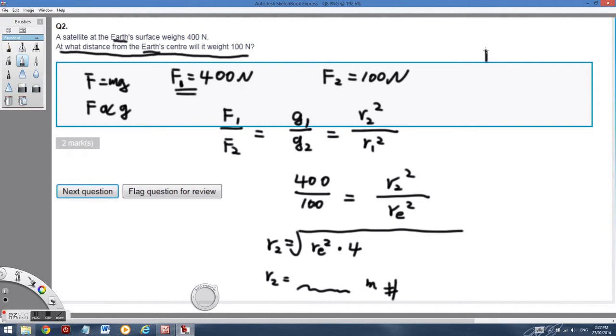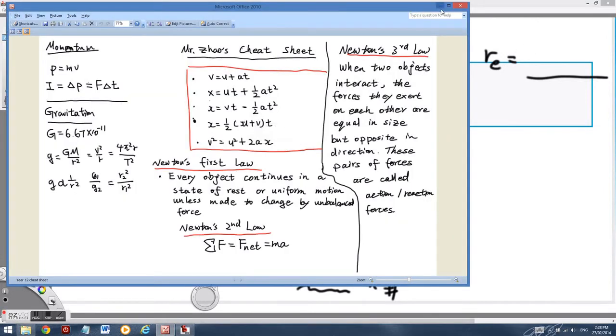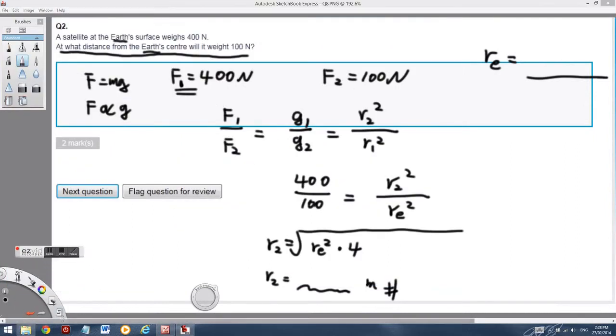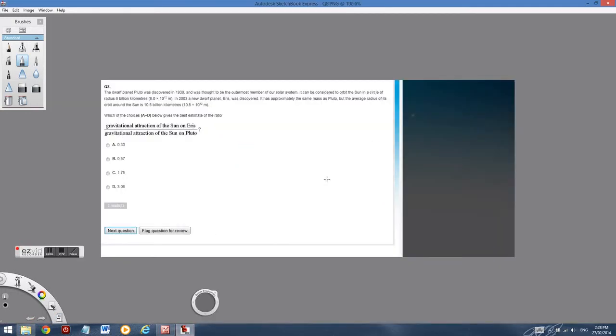The radius of Earth should be in your textbook or distance education notes. I can't remember it now. I should have put it on my cheat sheet, but I didn't. I made a bad mistake, so you should check it out. Now, let's go on to the next question.